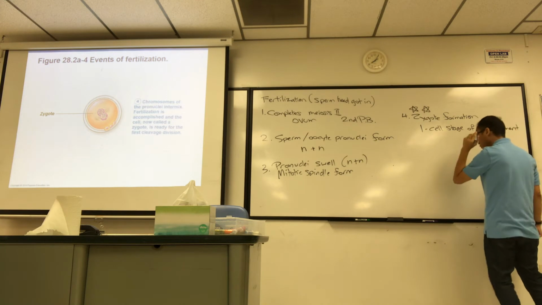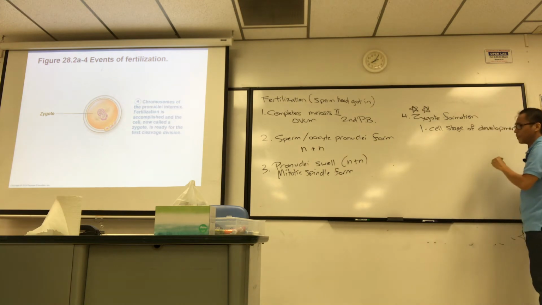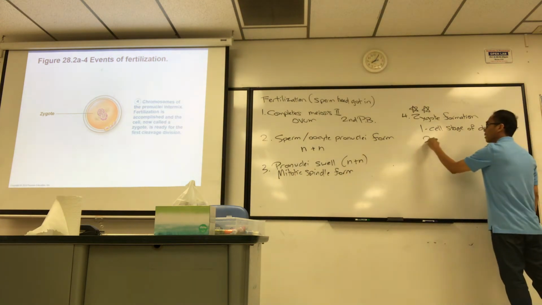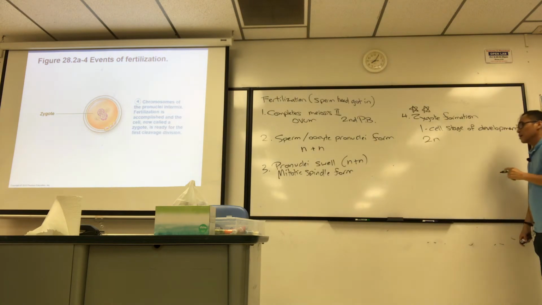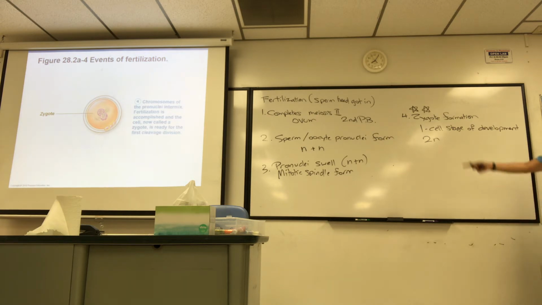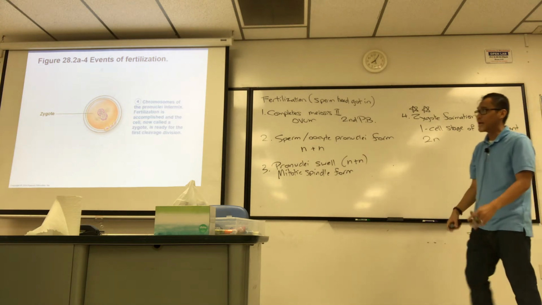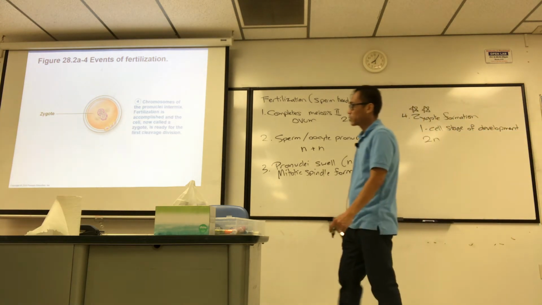So now you've restored the full complement of DNA. Sperm and egg, chromosomes intermix. Once you get the chromosomes intermixing, that's 2N, right? None of this N plus N stuff anymore. This is 2N. They're contained within 1 structure. Okay.